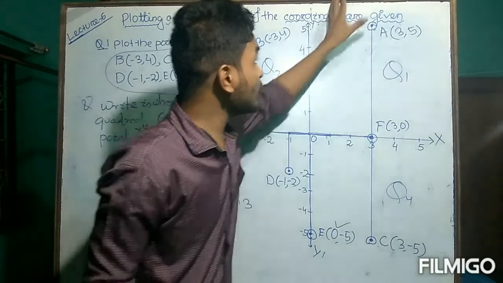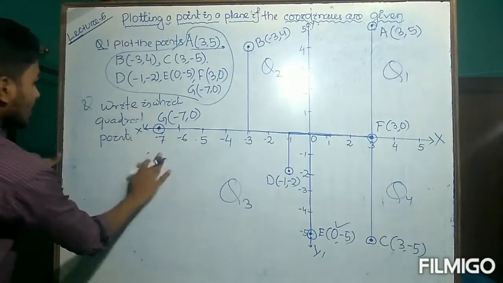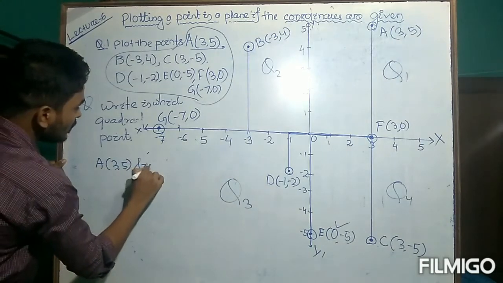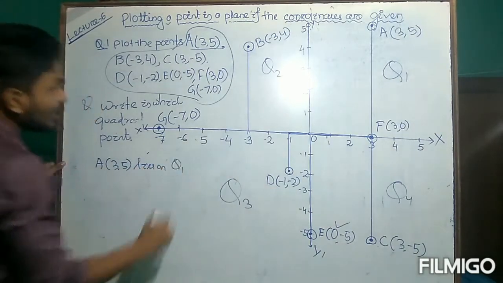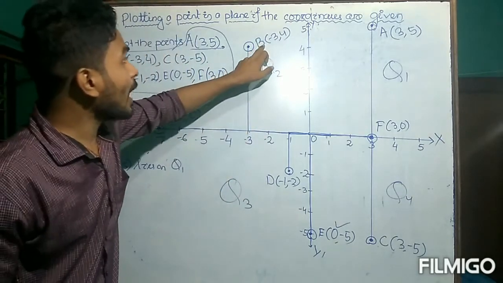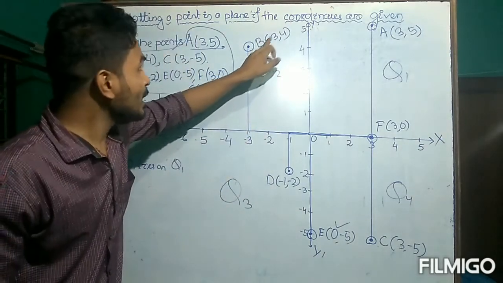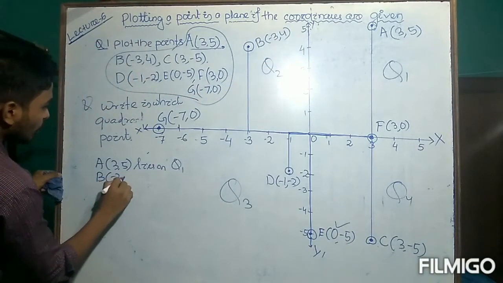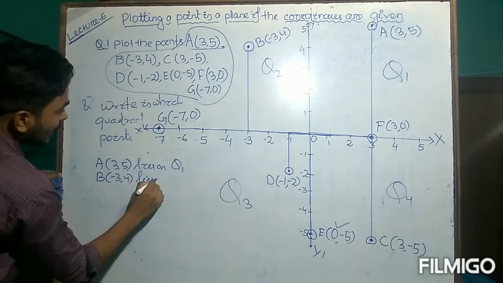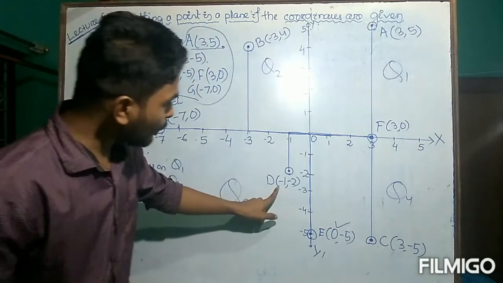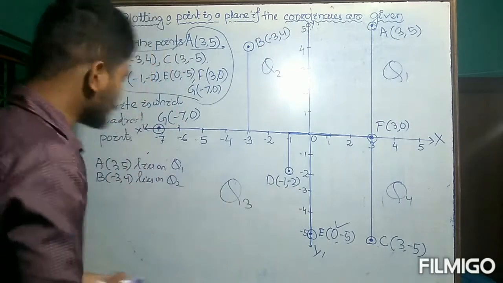So you can write here that the point A lies in quadrant 1. Now coming to quadrant 2. In quadrant 2 there is only one point, that is B (-3, 4). So write, B (-3, 4) lies in quadrant 2. Now in quadrant 3 there is also one point, that is D (-1, -2).